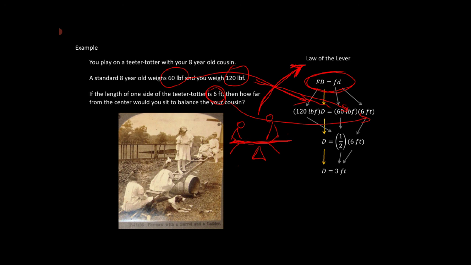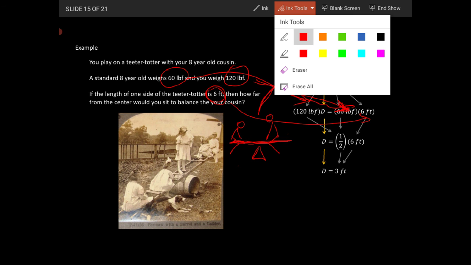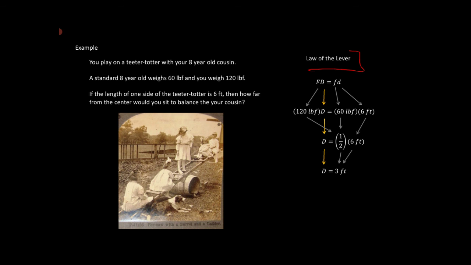It would be nice if I assigned it correctly. And then did some math. So that's more or less all we needed to do here, was identify that this is a good problem for the law of the lever and make appropriate substitutions.